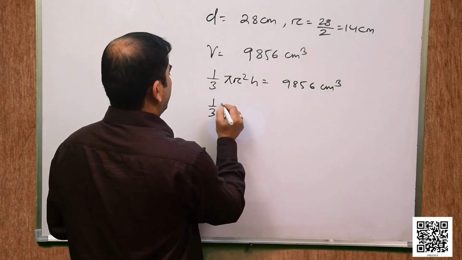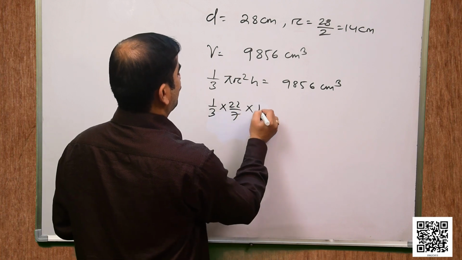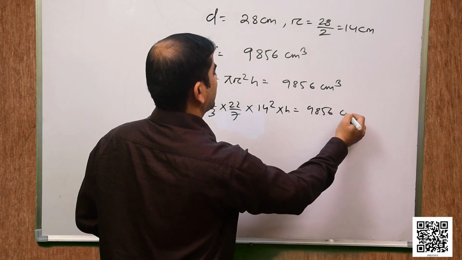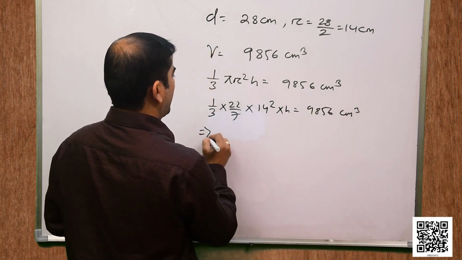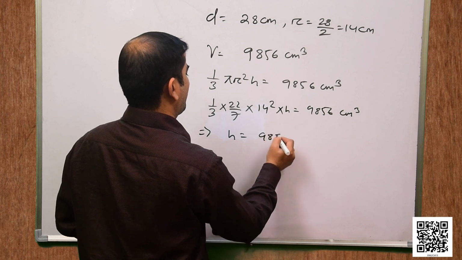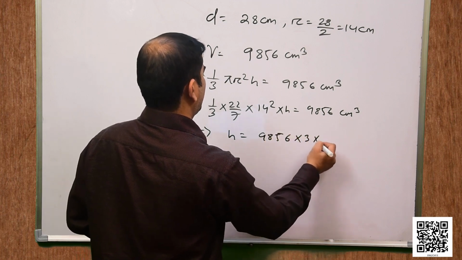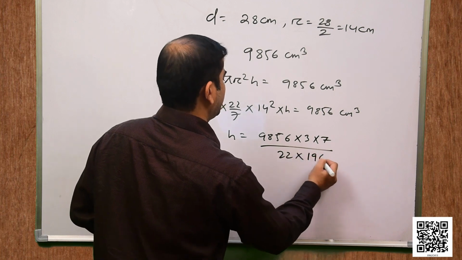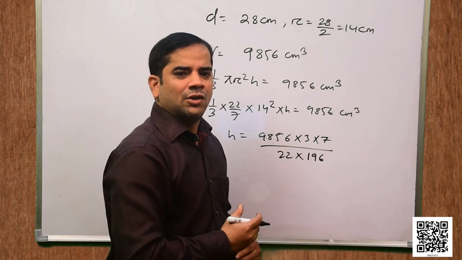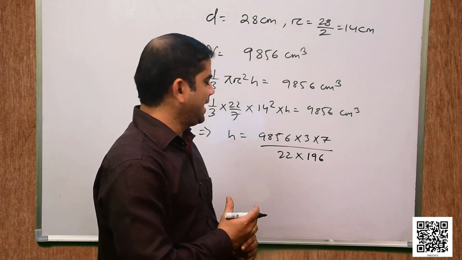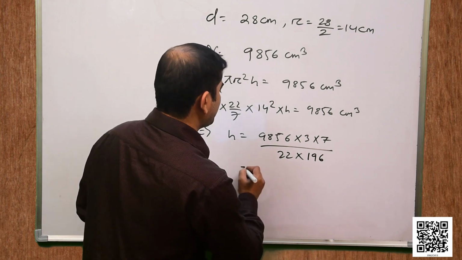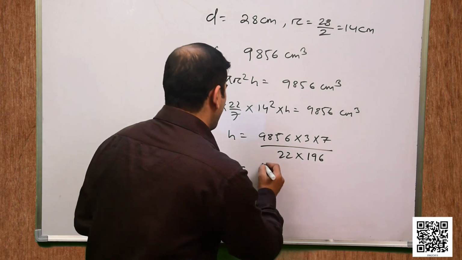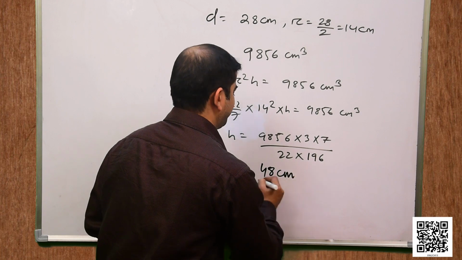So 1 by 3 into 22 by 7 into 14 square into h is equal to 9856 centimeter cube. That implies h is equal to 9856 into 3 into 7 divided by 22 into 196, because 14 square is 196. So students, after calculation you will get a value that is equal to 48 centimeter.